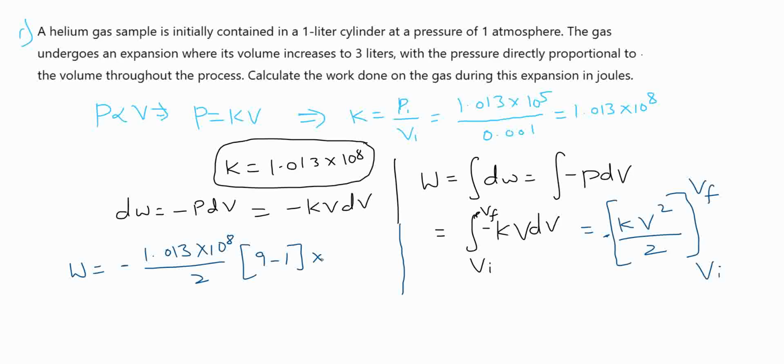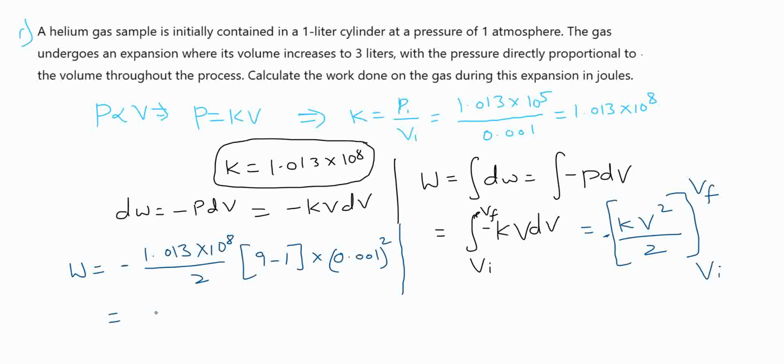We have to convert into SI units, that is meter cube, which is 0.001, and we have to square it. So this will be 10 power minus 3 whole square, which is 10 power minus 6. 9 minus 1 is 8, and 8 by 2 is 4.